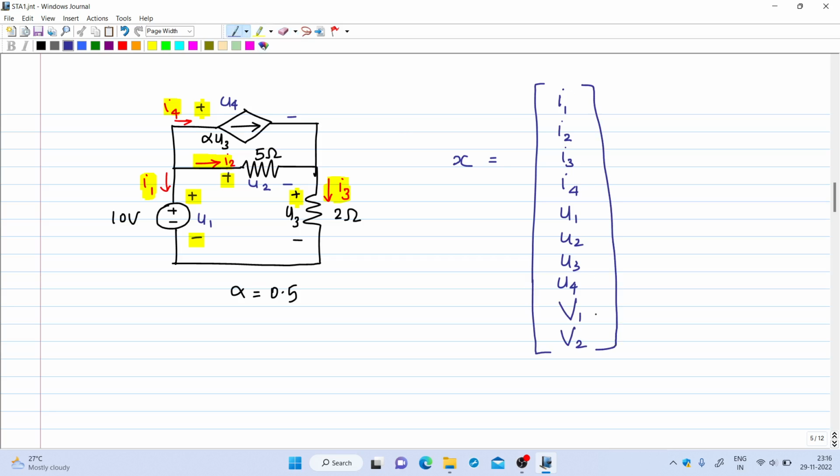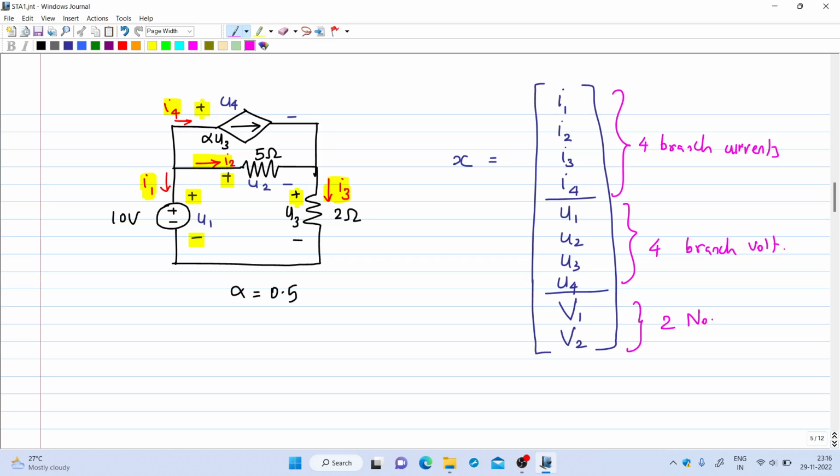So how many variables are there? 4 branch currents, 4 branch voltages and 2 node voltages. So there are 10 variables. So now we have to formulate 10 equations in order to solve the system.